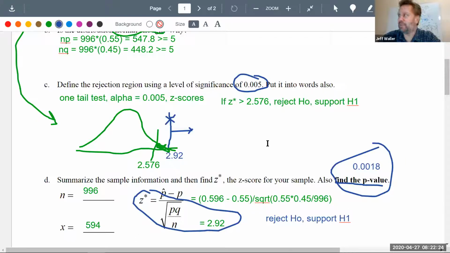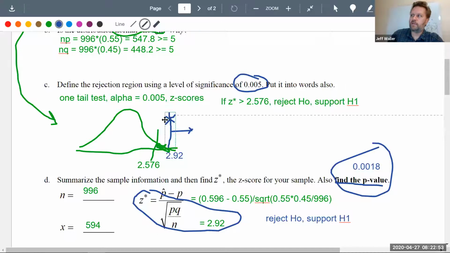It is smaller. So if the p-value is smaller than the level of significance, alpha, that's another way to check to see if we pass the test. If that is true, we can reject the null.